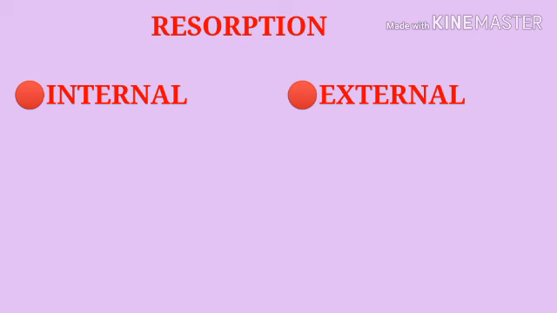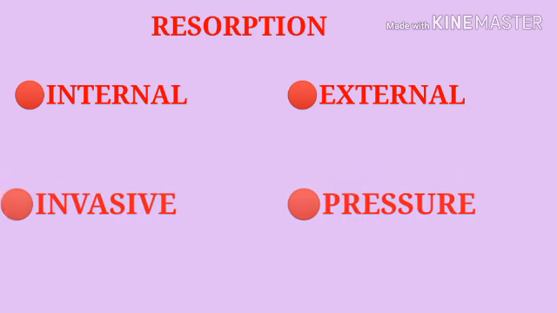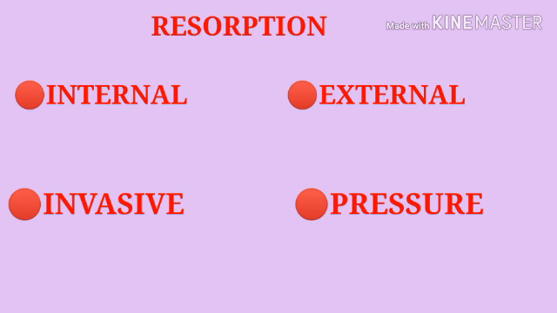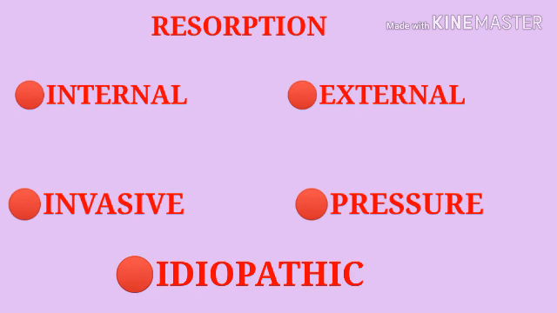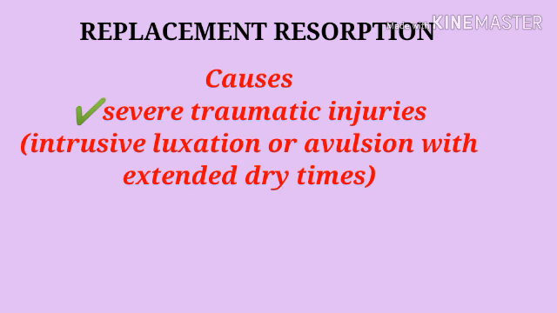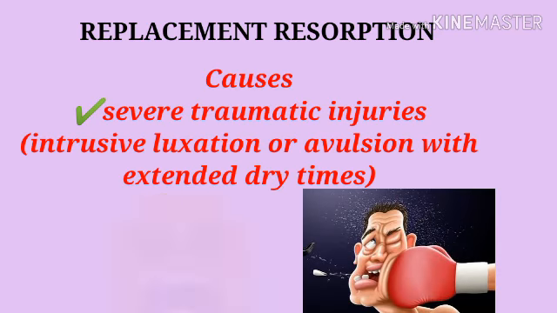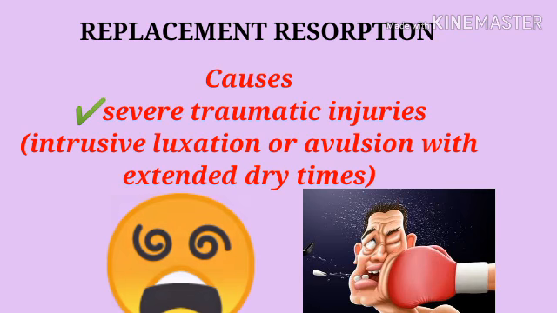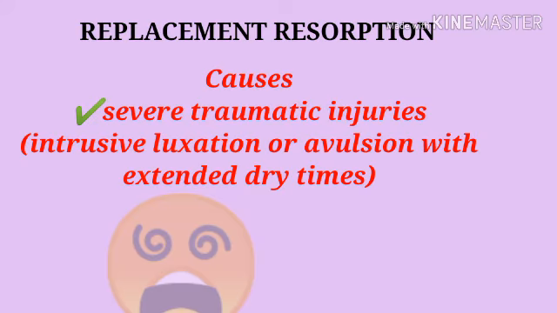Coming into resorption, the resorption may be internal resorption, external resorption, invasive resorption, pressure resorption, idiopathic resorption. Under external resorption, there is surface resorption, inflammatory resorption and replacement resorption. So, the replacement resorption comes under external resorption. The main cause of replacement resorption is severe traumatic injuries like intrusive luxation or avulsion with extended dry times.